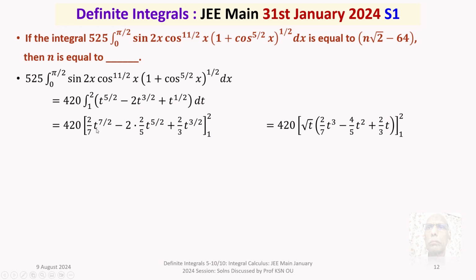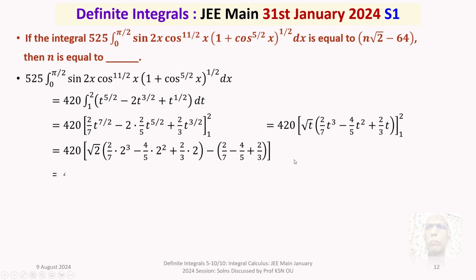So we have taken root t common. Now take the upper limit, for this upper limit, this is the value. For the lower limit, this is the value. Simplify. 420 into root 2 into this minus this.